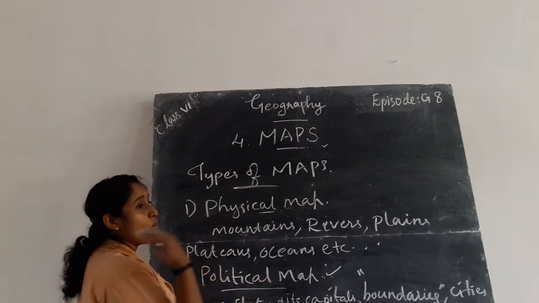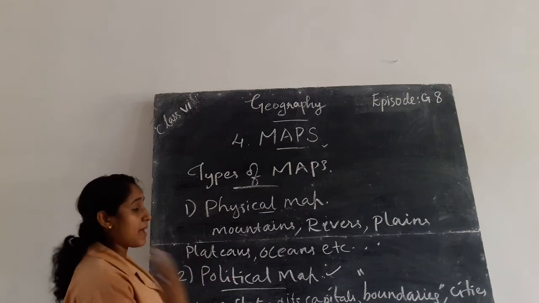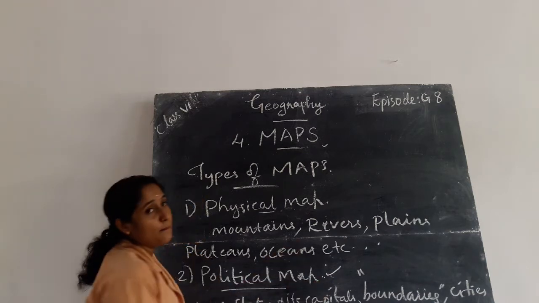Political maps show boundaries, cities, villages. These types of maps are called political maps.